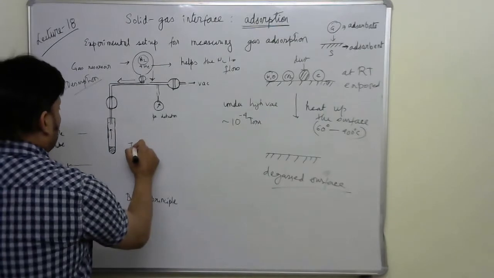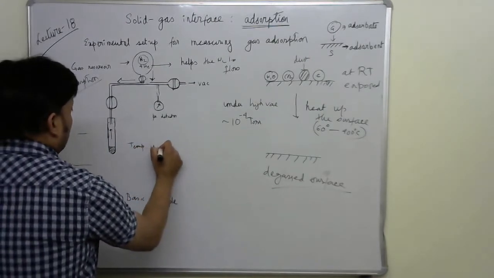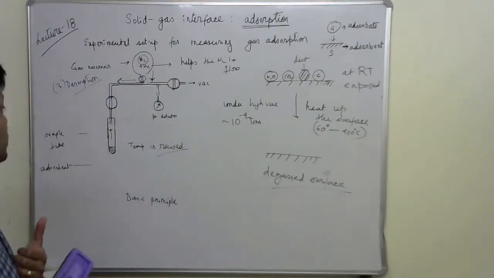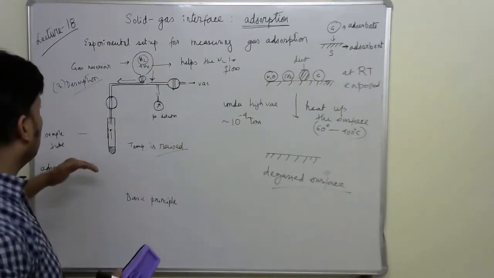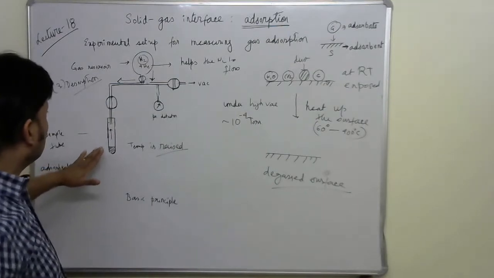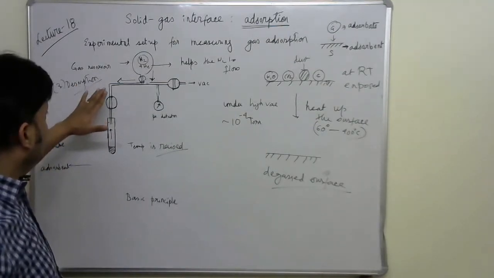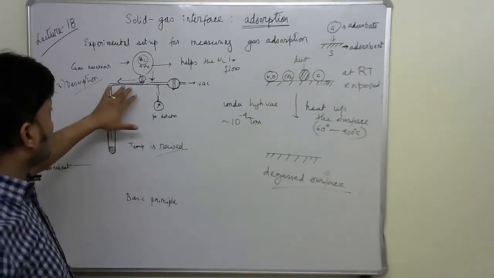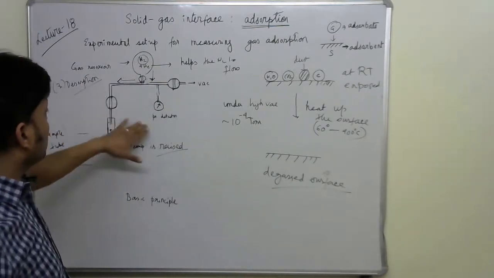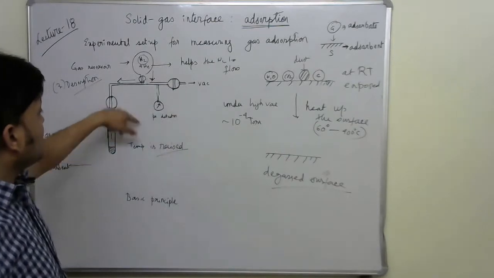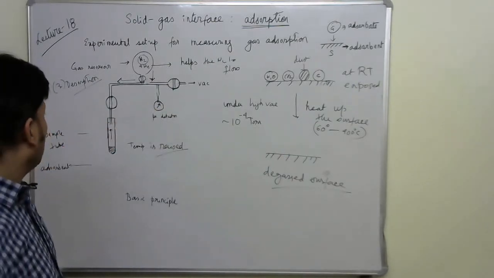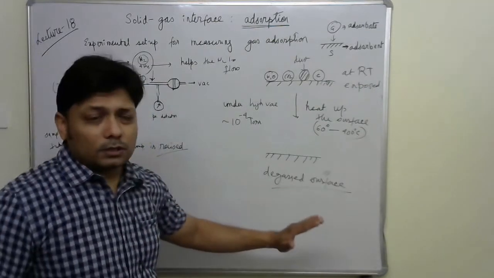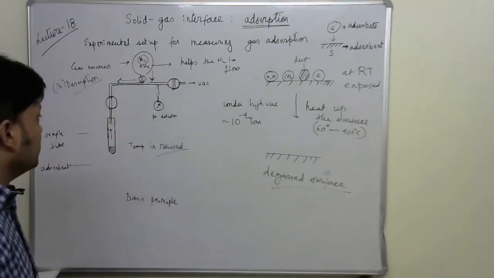So the temperature is once again raised, slightly more than room temperature, and the gas starts to desorb, and how much gas is desorbing is once again detected from the pressure detector. So this is basically the summary of how this entire process is done.